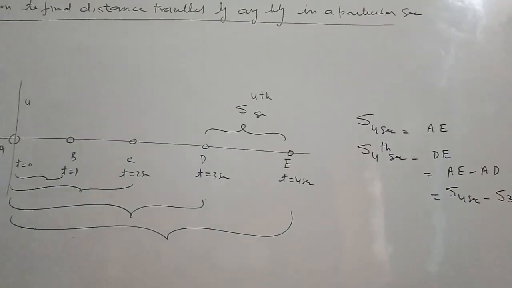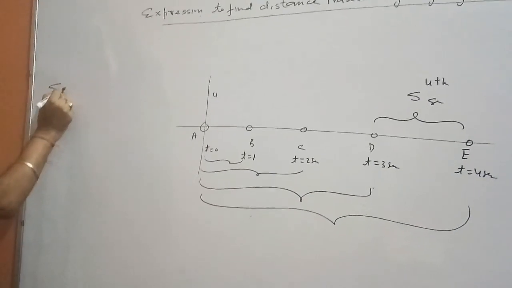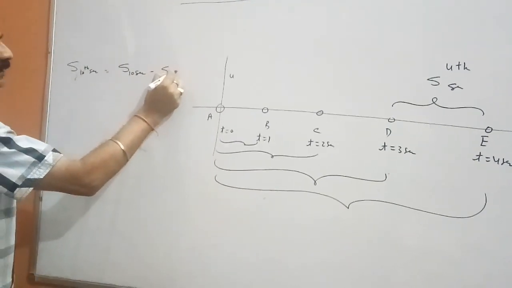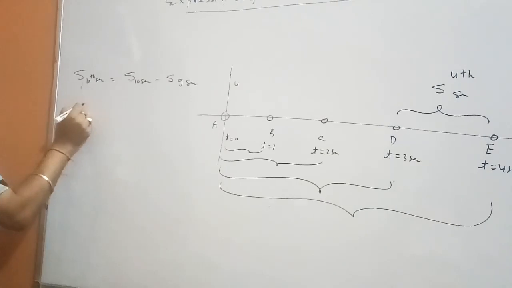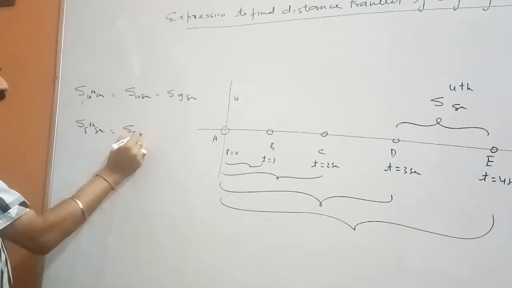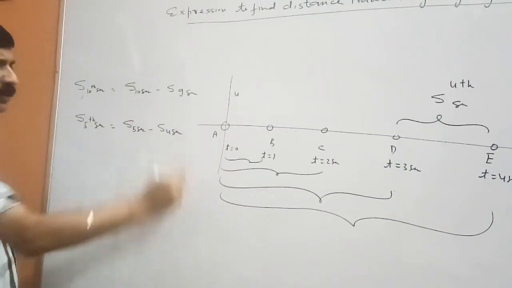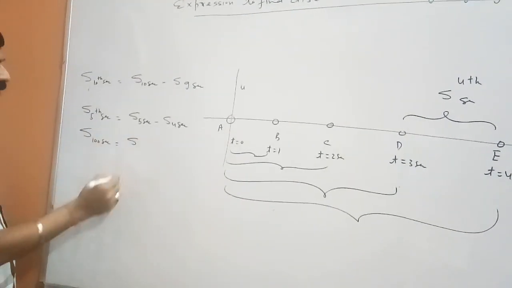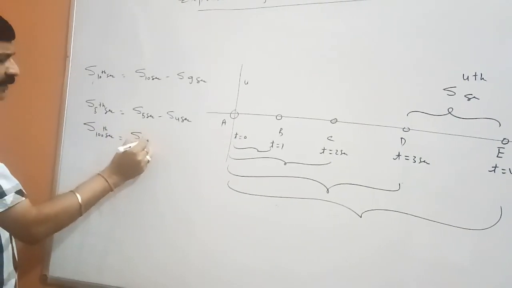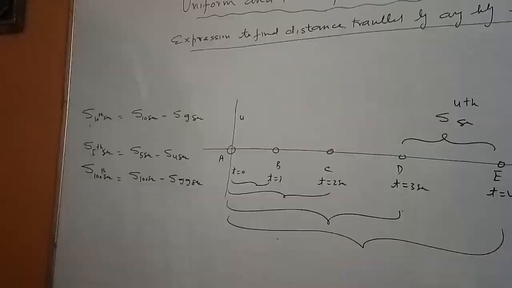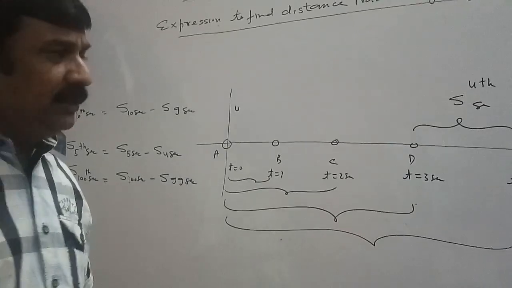By the same logic, the distance travelled by the body in the 10th second is equal to the distance travelled in 10 seconds minus the distance travelled in 9 seconds. The distance travelled in the 5th second is equal to the distance travelled in 5 seconds minus the distance travelled in 4 seconds. The distance travelled in the 100th second will be the distance travelled in 100 seconds minus the distance travelled in 99 seconds. So the same situation we are now using to deduce the formula.